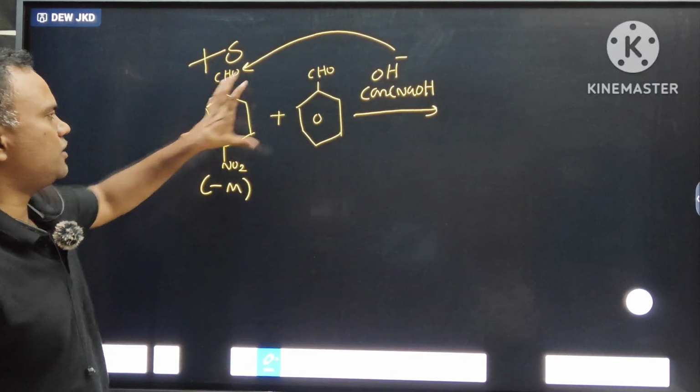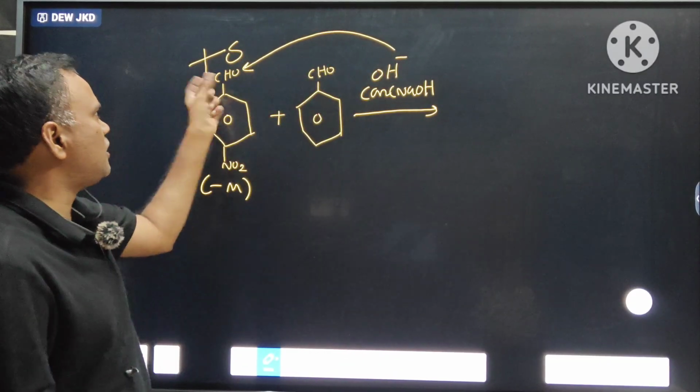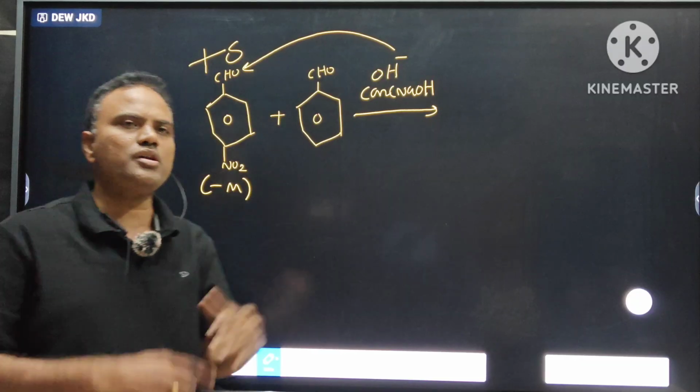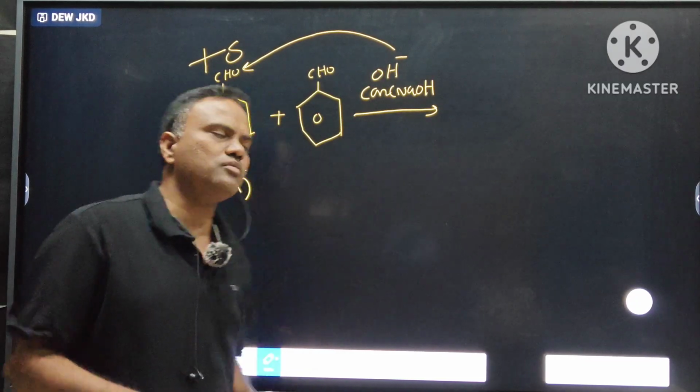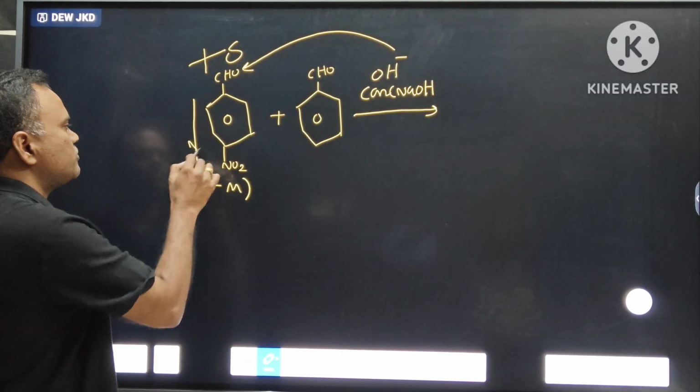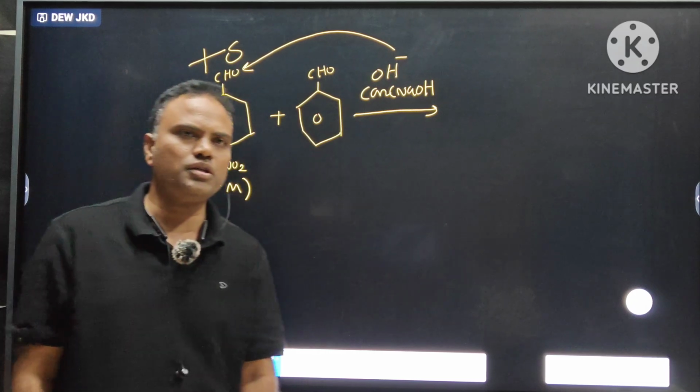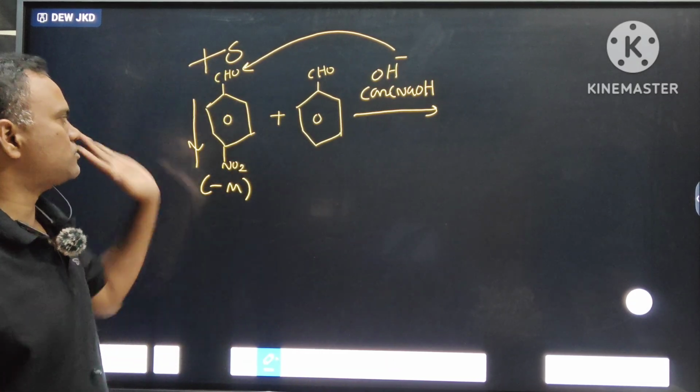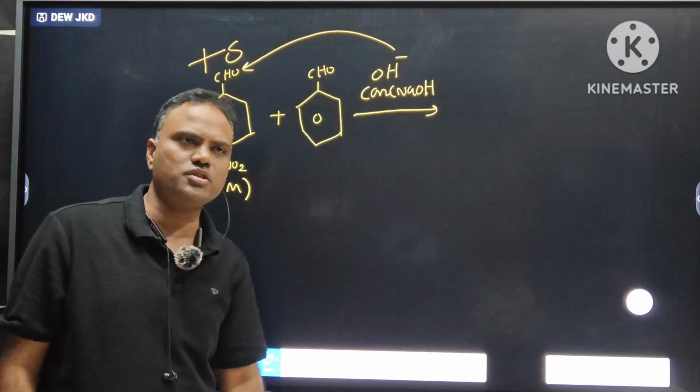Why is this attacked by the OH negative nucleophile? Because this carbonyl carbon has a large positive charge. Why does it have a large positive charge? Due to minus M. Minus M groups withdraw electrons. Clear? So this has a large positive charge. We know the minus M, plus M groups concept.